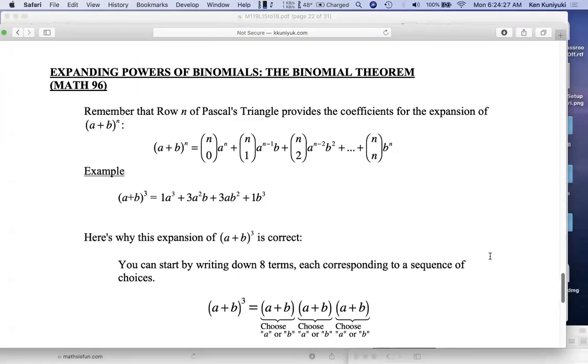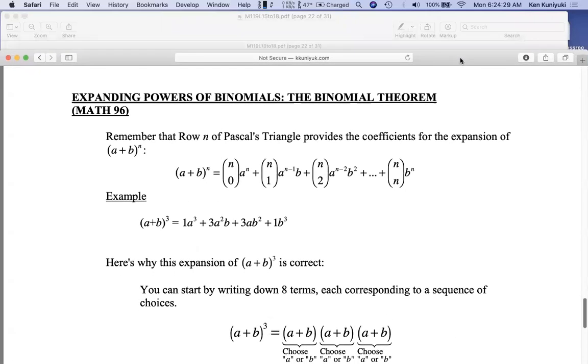Now, how is this related to the binomial theorem from algebra? You might remember from algebra class that a plus b all to the third can be written like this, right? For the variable parts, we start with a to the third, we decrease the exponent by 1 until the a disappears, and b starts off as b to the 0, which is 1, which is invisible, and then we get b to the second, b to the third.